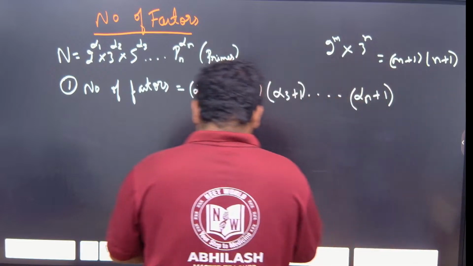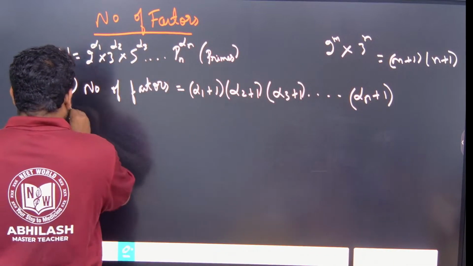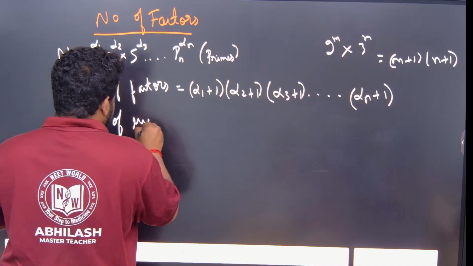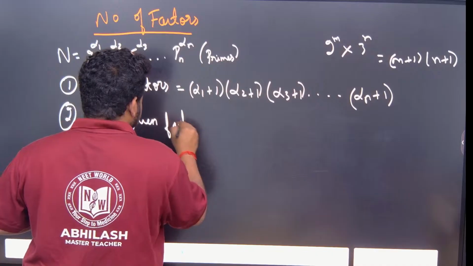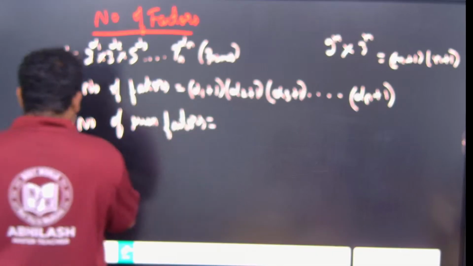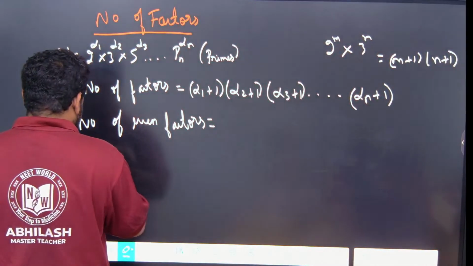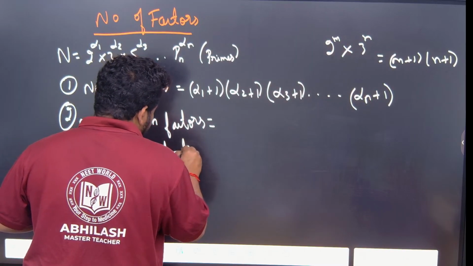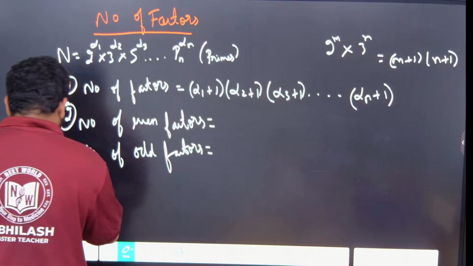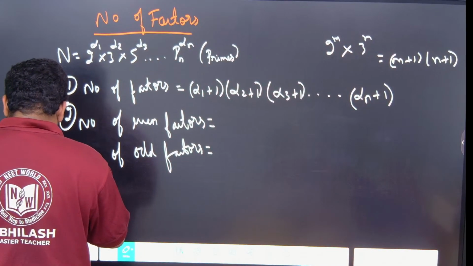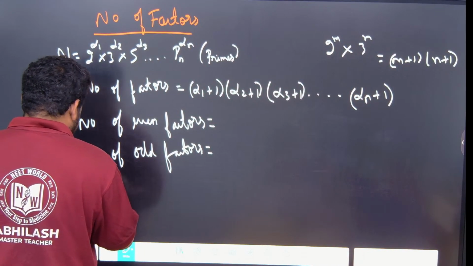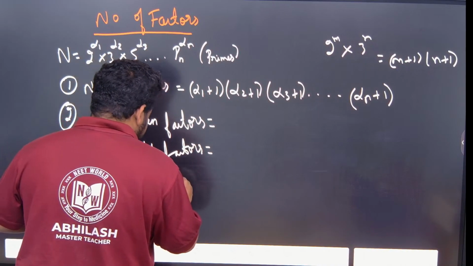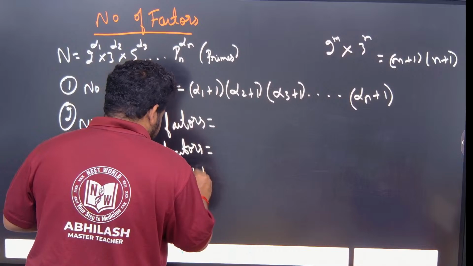Next thing is, just listen first, okay. Next thing, number of even factors. Then number of odd factors. Next we are having number of factors divisible by some number.